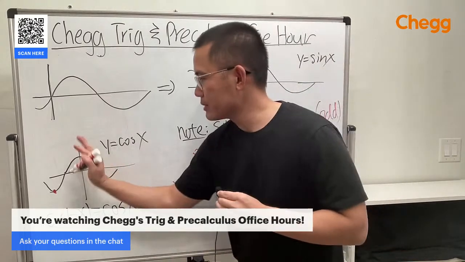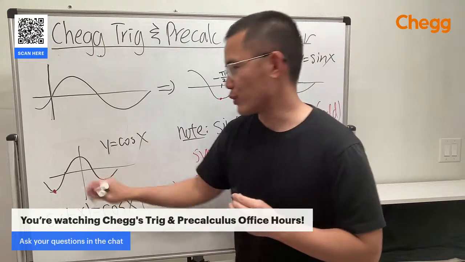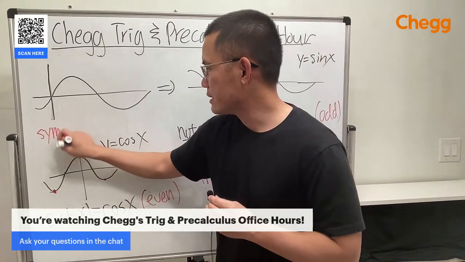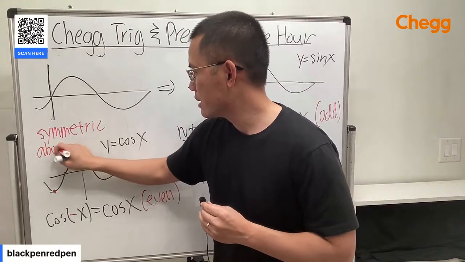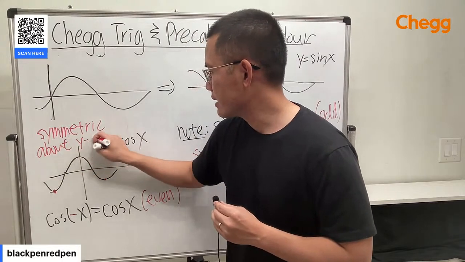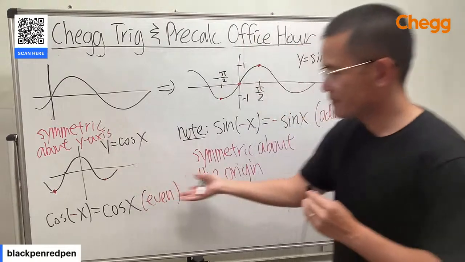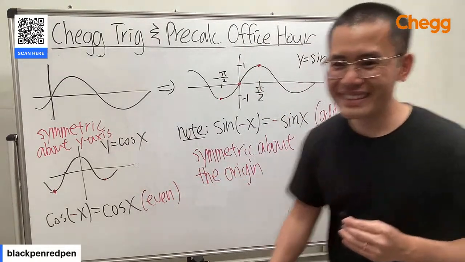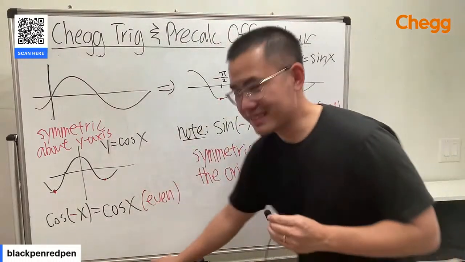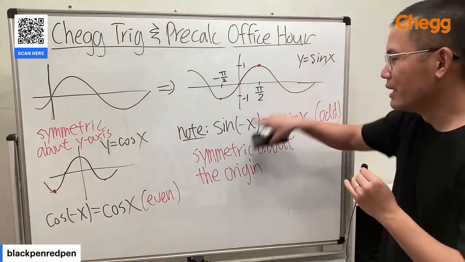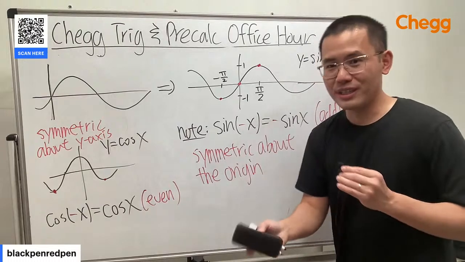It's symmetric about the y-axis. I will write that down right here for you guys as well. This is symmetric about the y-axis. So just like that. Okay. So from the graph, I think it's best that you just look at it and remember this right here. Make sure you do the rotation to see it.